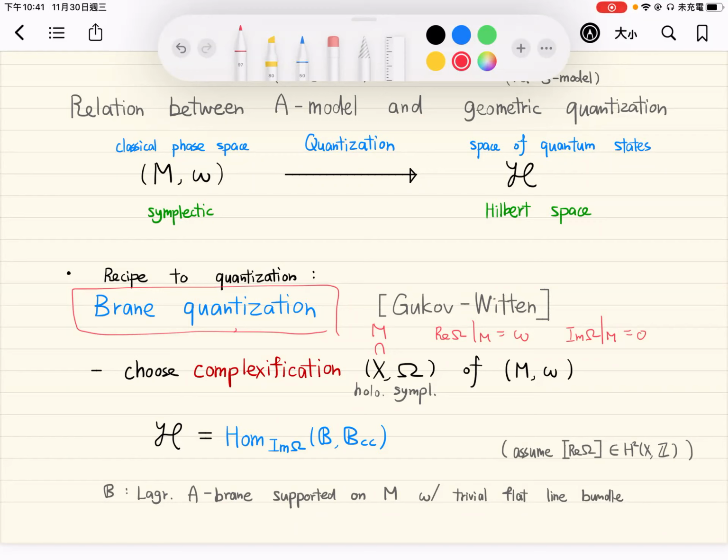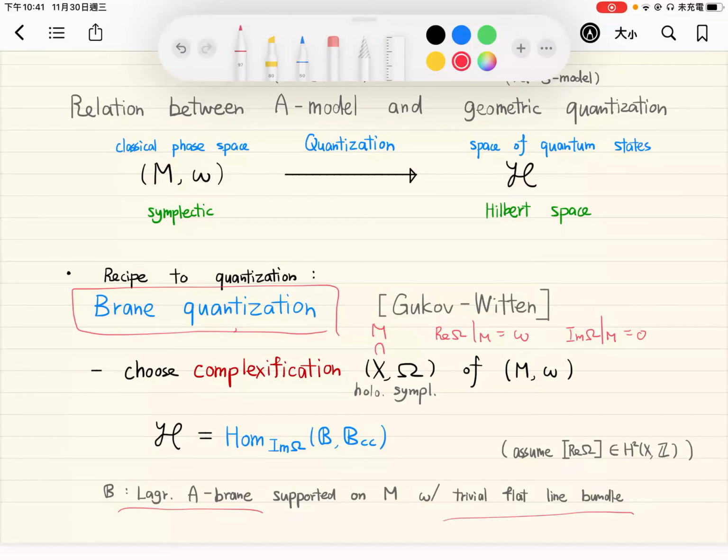Then in this case, we can talk about the physically defined morphism space of two A-branes. The first A-brane is a Lagrangian A-brane, call it curly B. So this curly B is the Lagrangian A-brane supported on M, because M is a Lagrangian submanifold with respect to the imaginary part of the capital Omega. And we equip this brane with a flat line bundle.